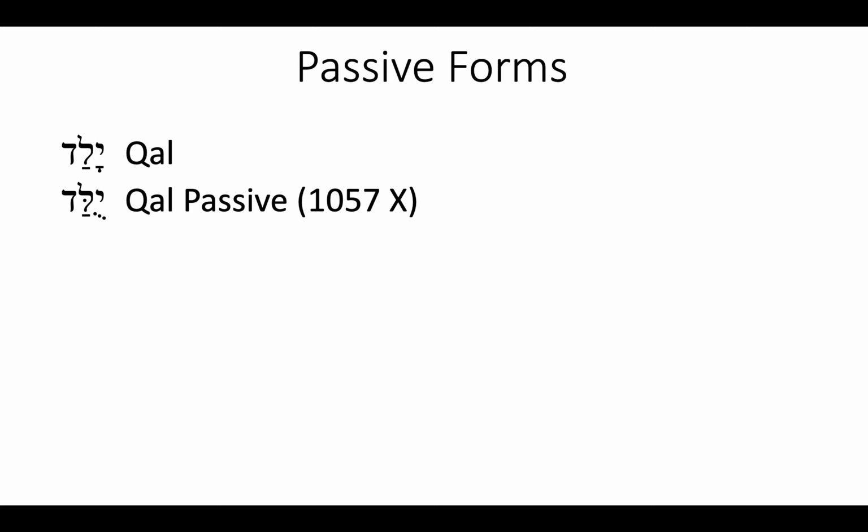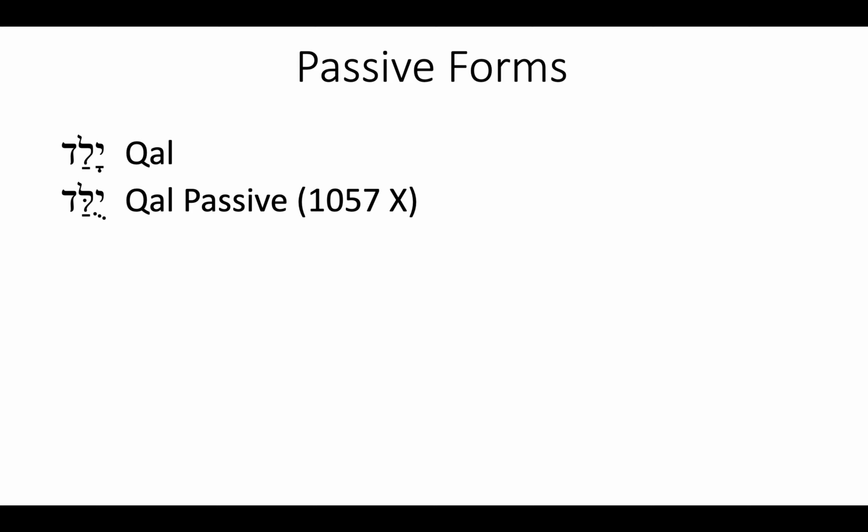You might remember back when we talked about Kal passive participles and how I said the way you can easily pick up on a passive participle is through this oo vowel, although in that case the oo vowel showed up between the second and third root letter. And here in the Kal passive, we have an example where it shows up between the first and the second root letter, so yulad.